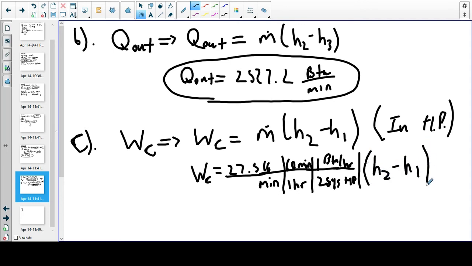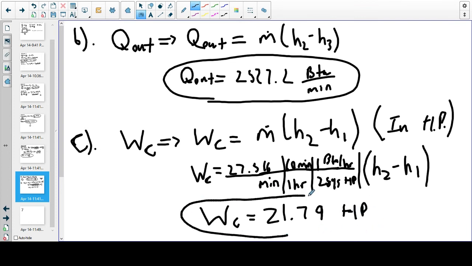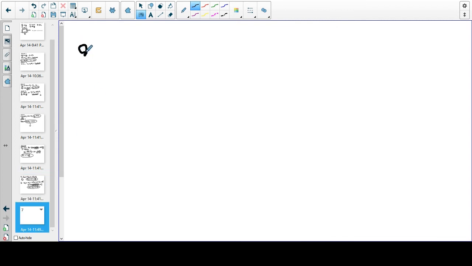But it all works out in the end. You wanted to get your mass flow rate per hour, and then you would multiply by the BTUs per pound. You would cancel the pounds, BTUs per hour into horsepower, and you get 21.79 horsepower as an answer.